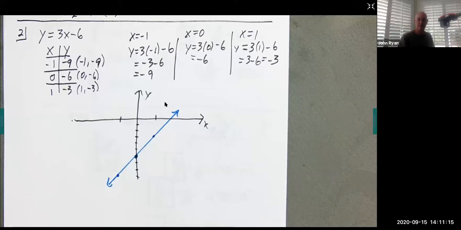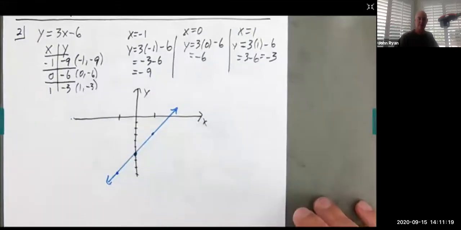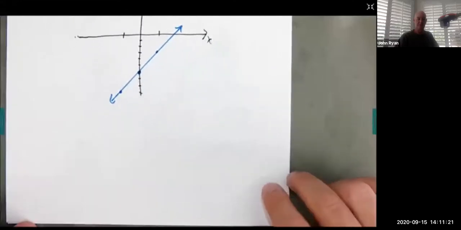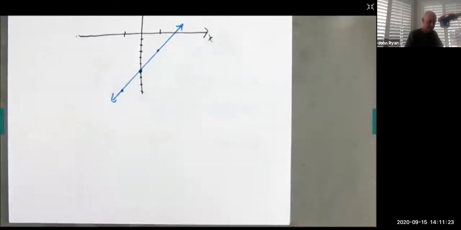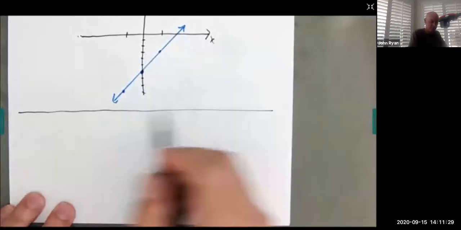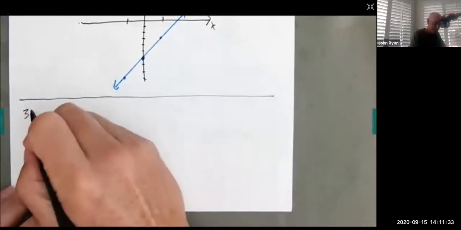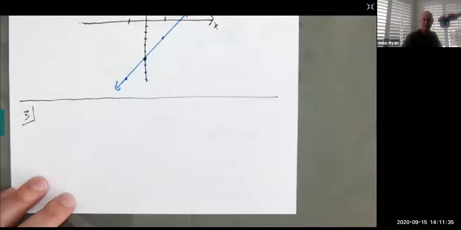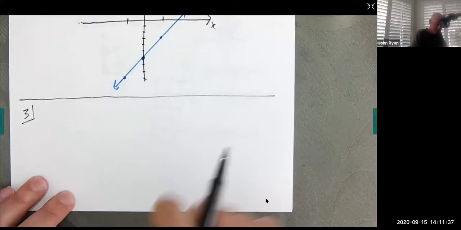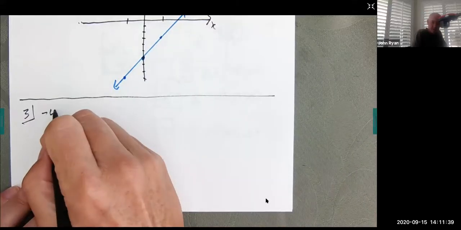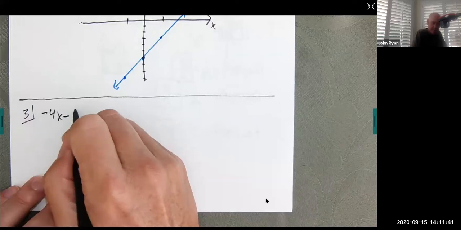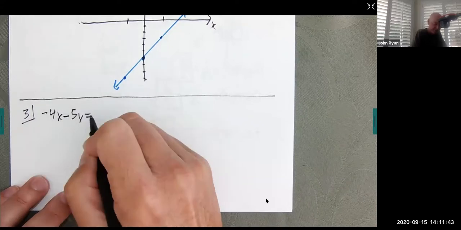Problem 3. We are also going to graph a line. We have the equation -4x minus 5y equals 15.